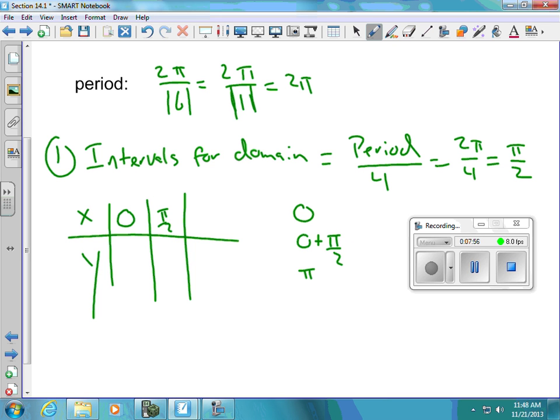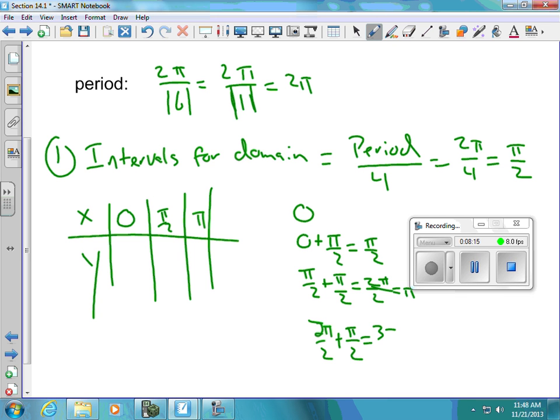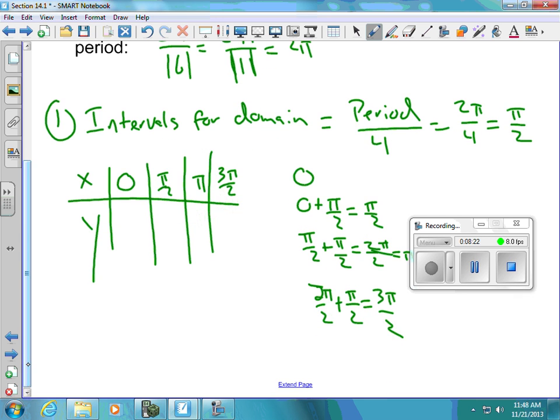Then pi over 2 plus pi over 2 is 2 pi over 2, or just pi. Then 2 pi over 2 plus pi over 2 is 3 pi over 2. And then our last one, 3 pi over 2 plus pi over 2, is 4 pi over 2, or 2 pi when we simplify it.